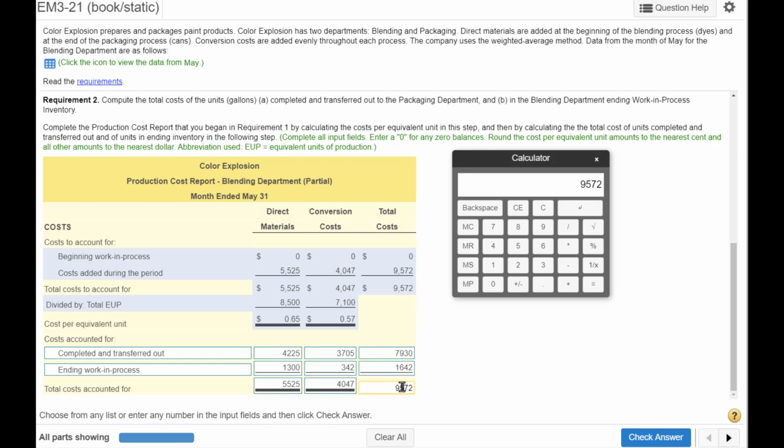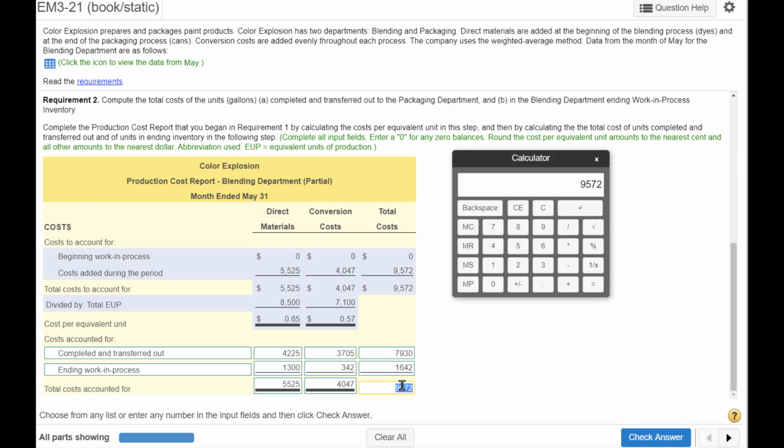The other way to double check your work is that this number should be these two numbers added together. So let's do that. We're going to take 5,525 plus 4,047, which gives us this 9,572.